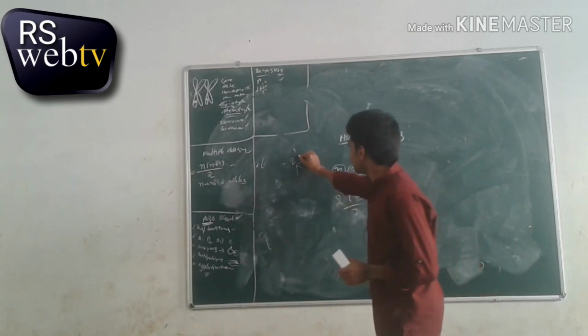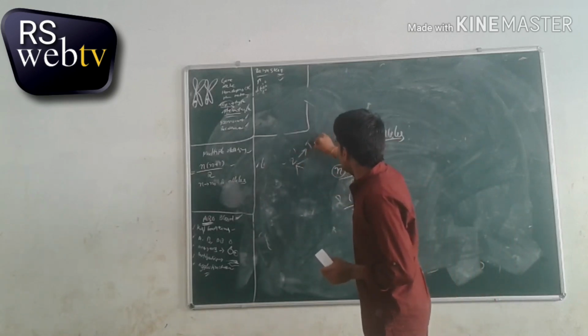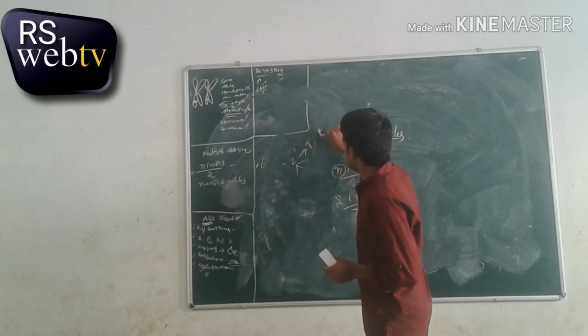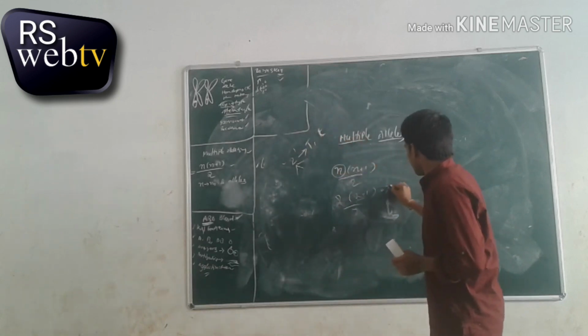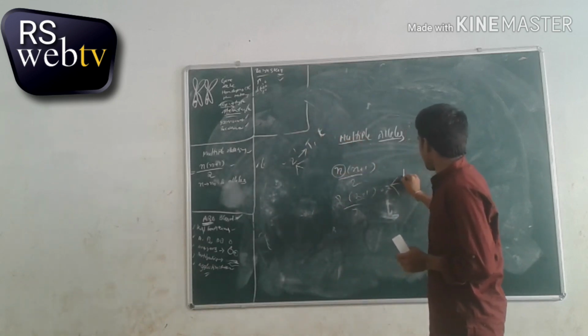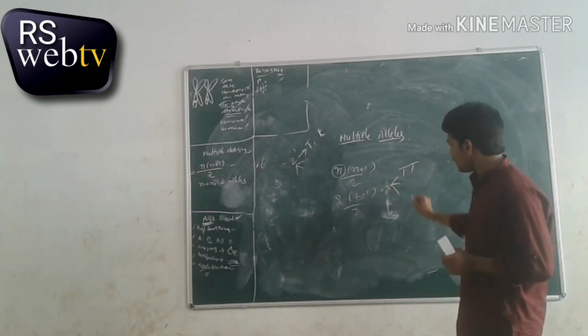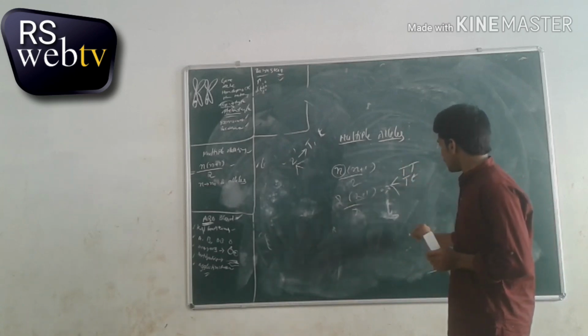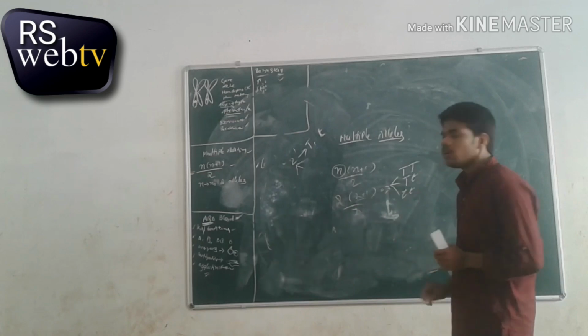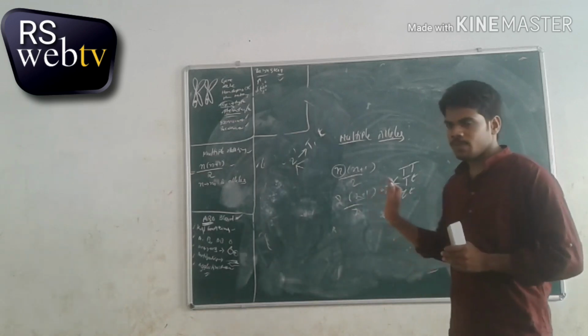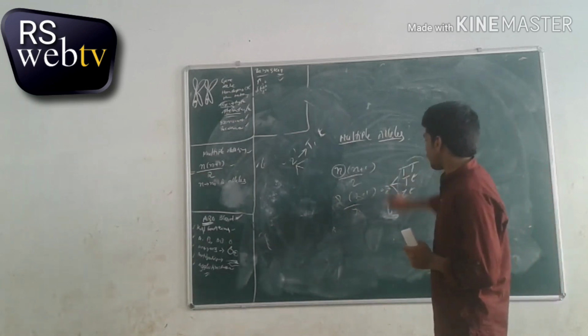For example, T and t are the two alleles. They can produce three types of genotypes: homozygous dominant, heterozygous dominant, and homozygous recessive. These are the genotypes.